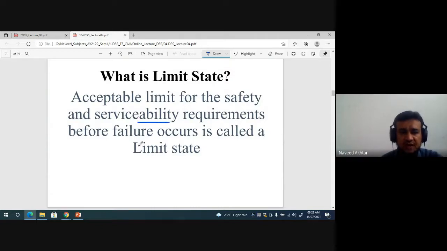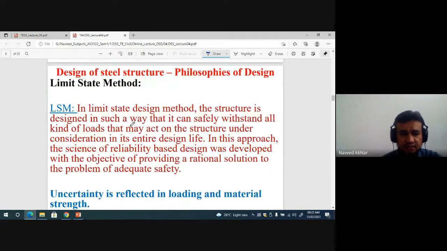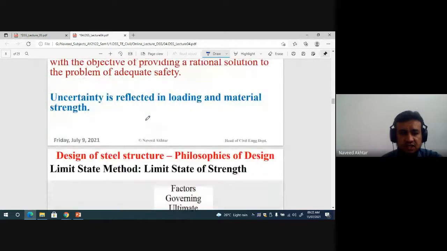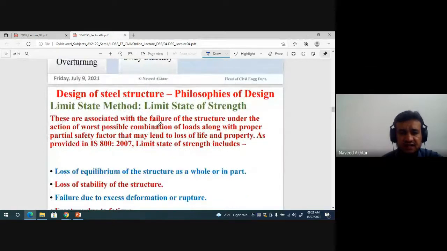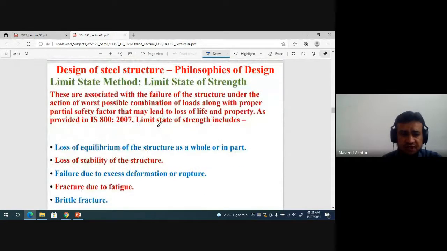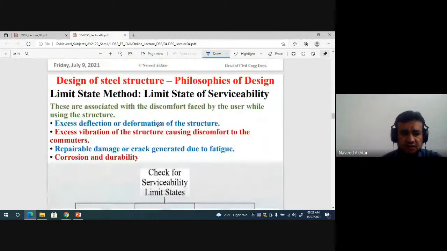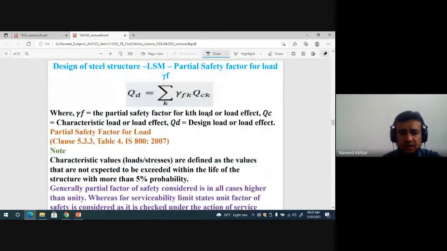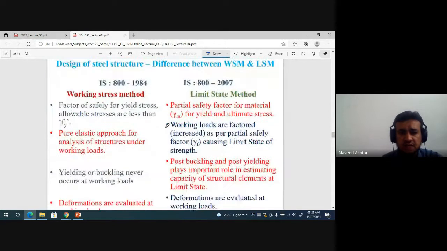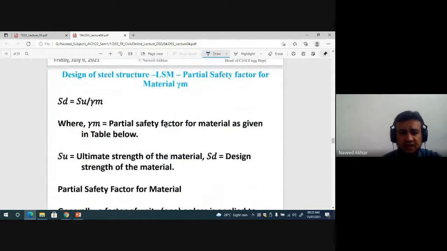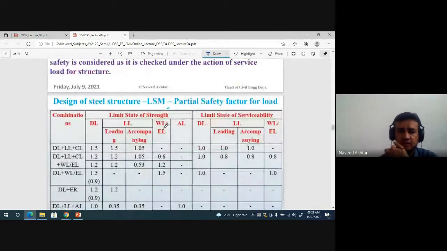If both requirements are fulfilled, then we can say that it is the limit state design. Then we have seen the different factors of limit state, and then we came across the partial safety factor for load and partial safety factor for material.